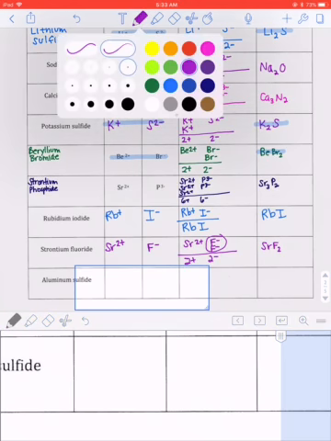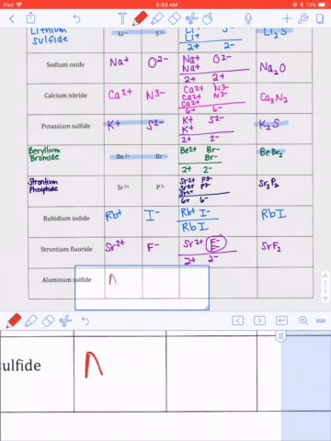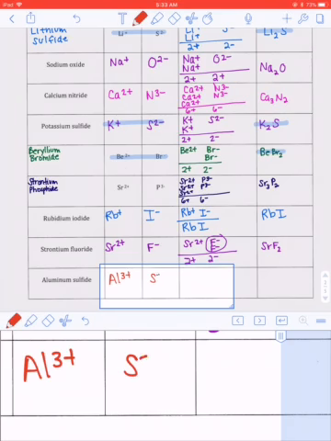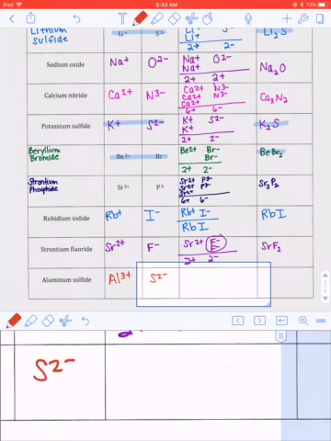Aluminum sulfide. Okay, Al 3 plus, sulfide S2 minus. So Al 3 plus, S2 minus.